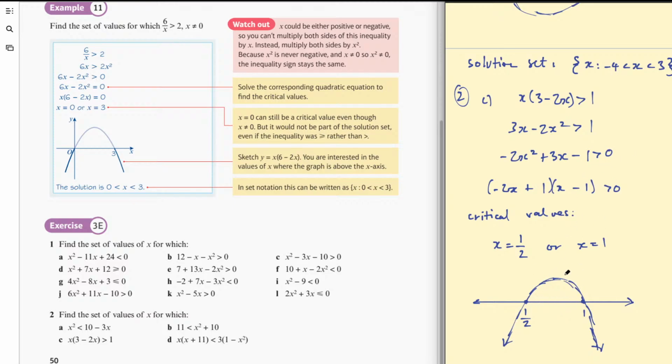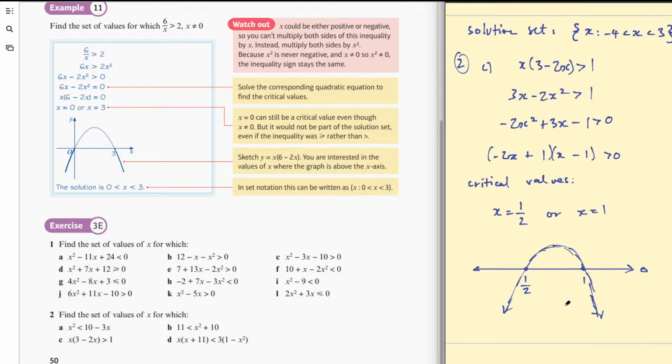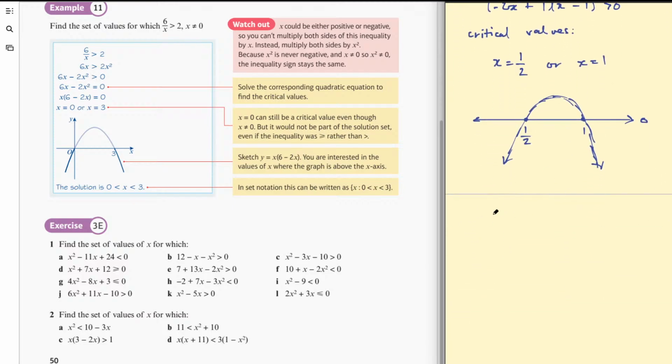That's this part in here, right? This is 0, right? That's what that line represents. When it's greater than 0, it's between a half and 1. So the solution set then is x between a half and 1.